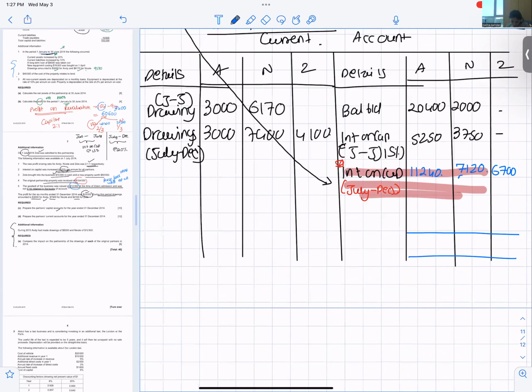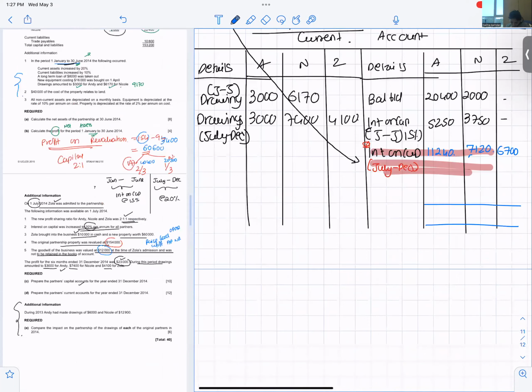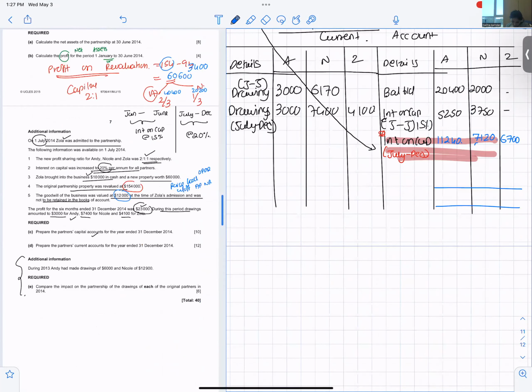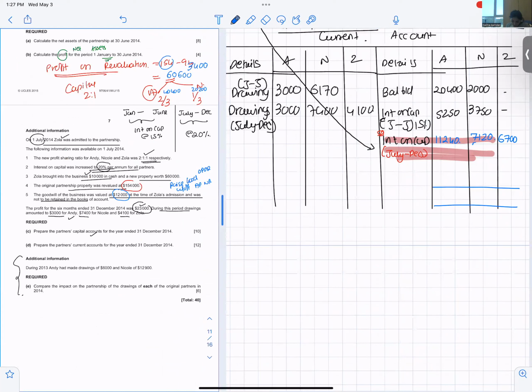Is there any share of profit? Let's check. New profit sharing ratio is there. Interest on capital is there. Interest on capital, please remember that after partnership, it will be on the new balances. Additional capital is there. Revaluation profit or loss is there. Goodwill distribution is there. Okay. Profit for the 6 months was 23,000.